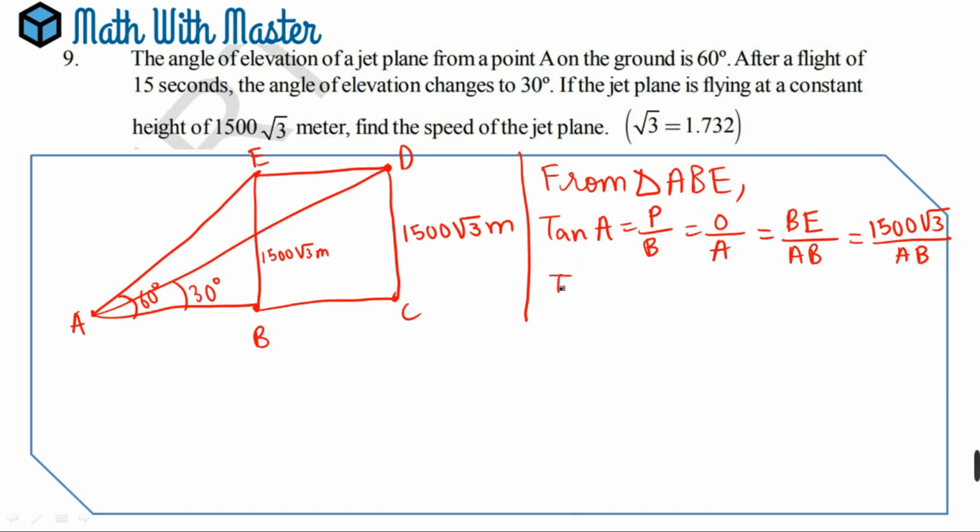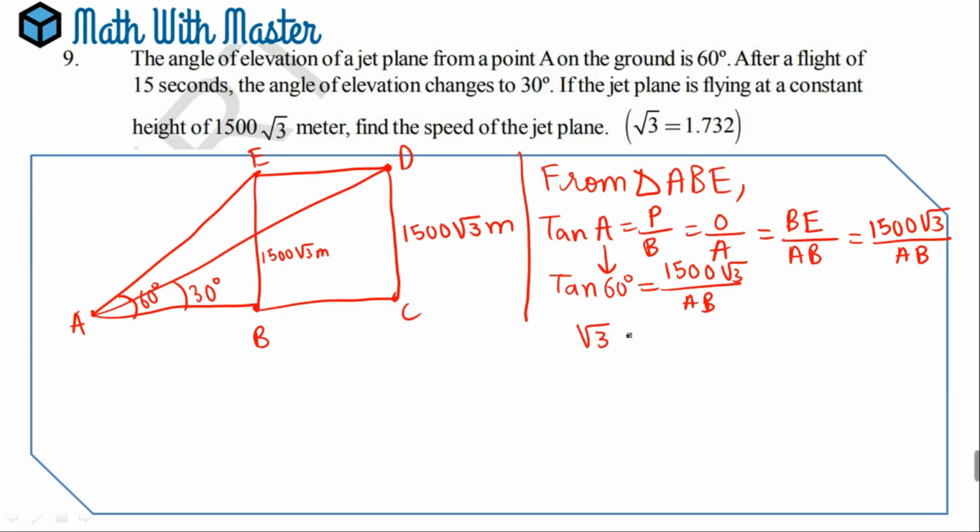Now we got that for triangle ABE, instead of angle A I can write 60 degrees. So tan 60 degrees, which is root 3, is equal to 1500 root 3 upon AB.